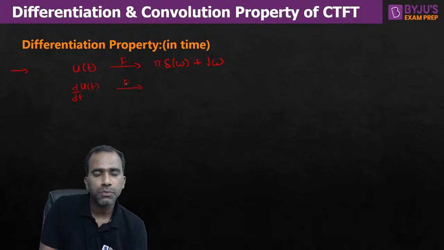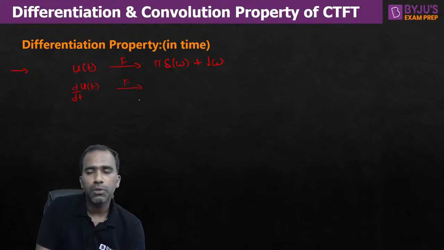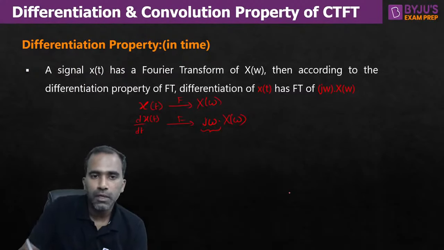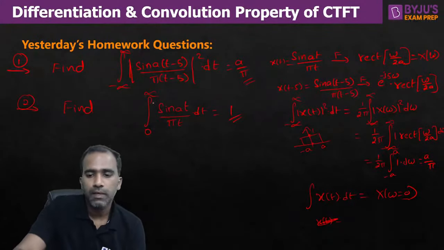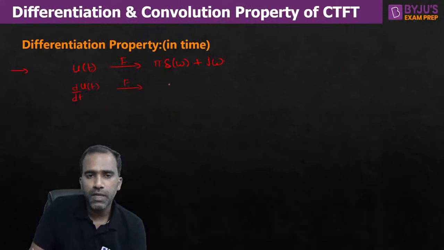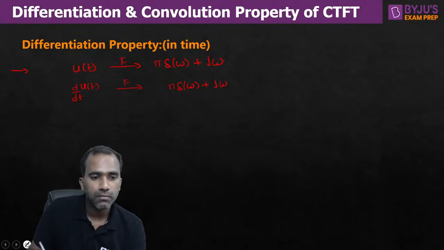What is the Fourier transform of this one? According to the property, if you do differentiation in time domain, the Fourier transform is the same Fourier transform multiplied with j omega.